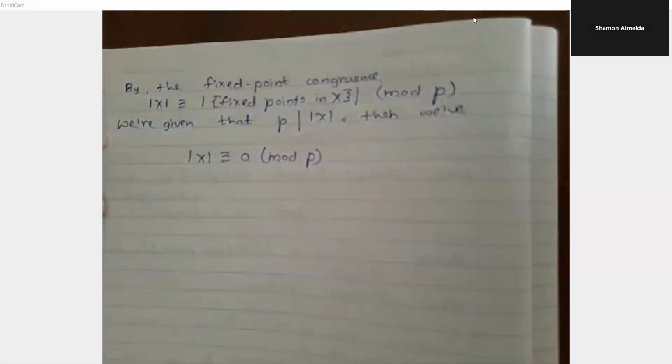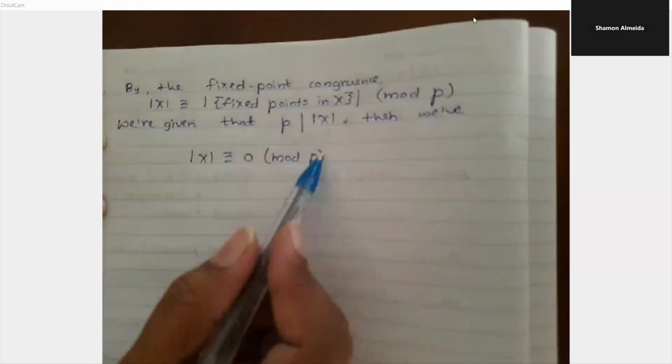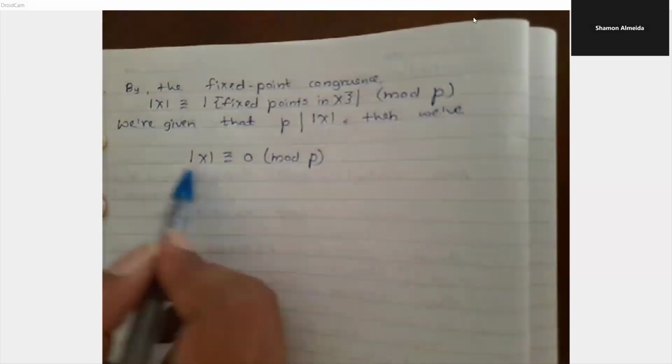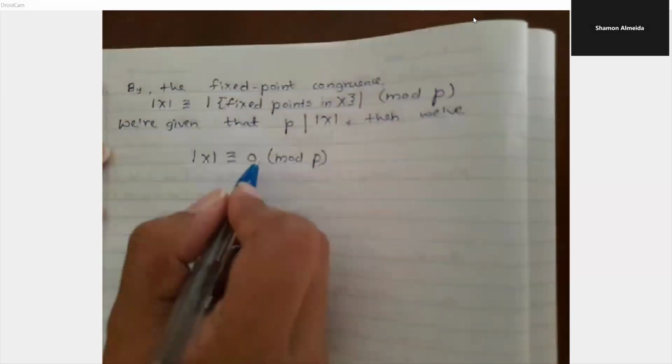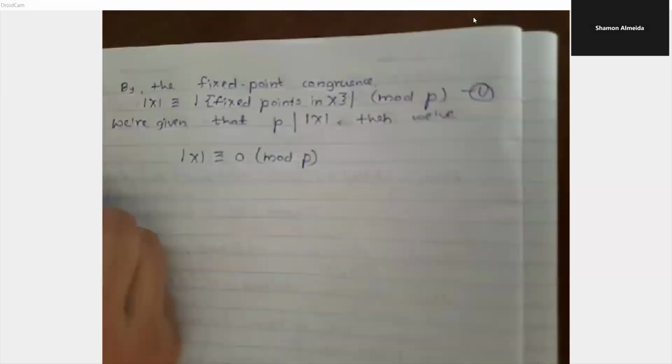So from number theory, you must have learned, with respect to the modulus p, order of X is congruent to 0. So in this congruence, we simply replace the order of X by 0, right?